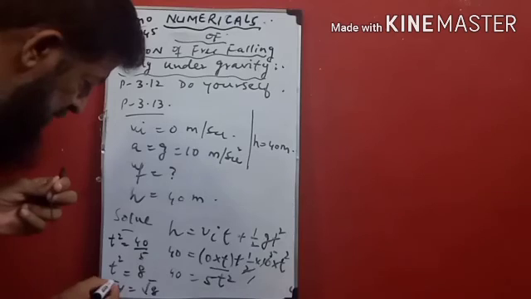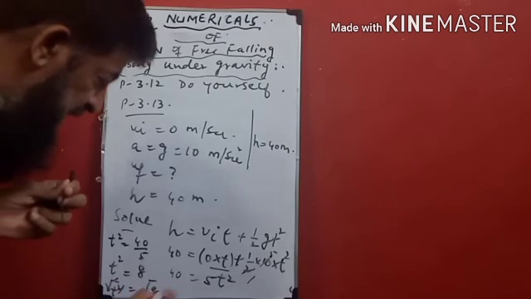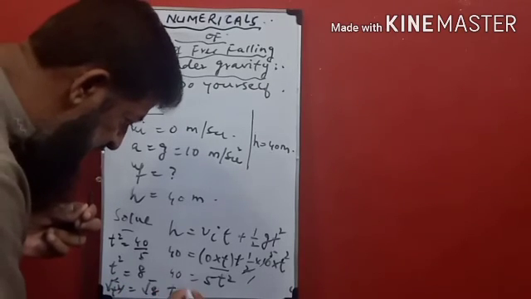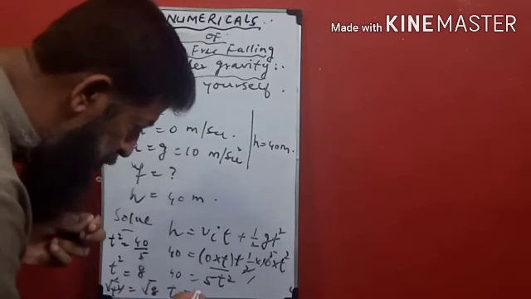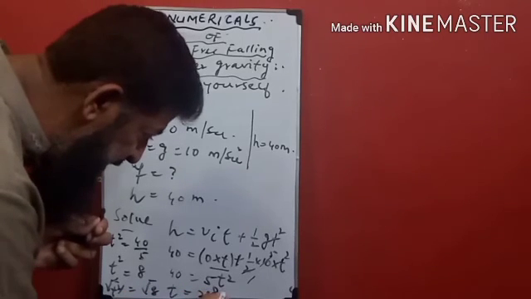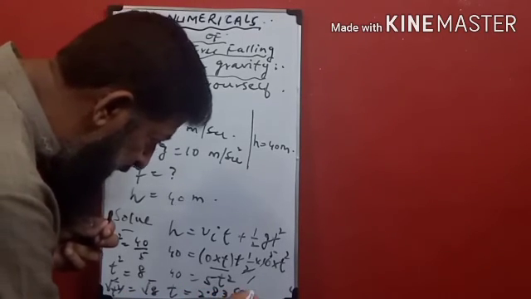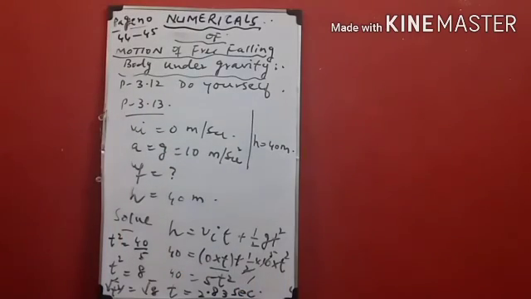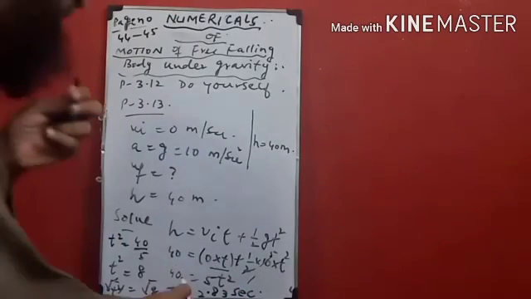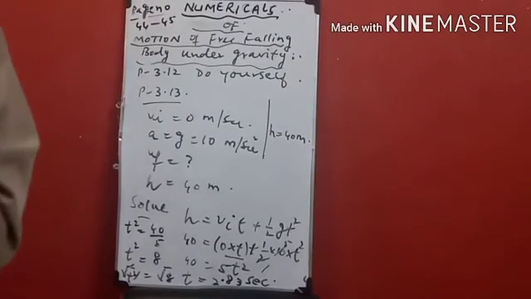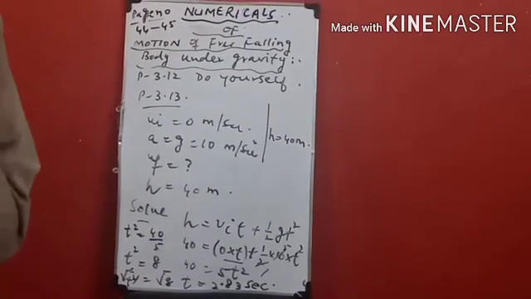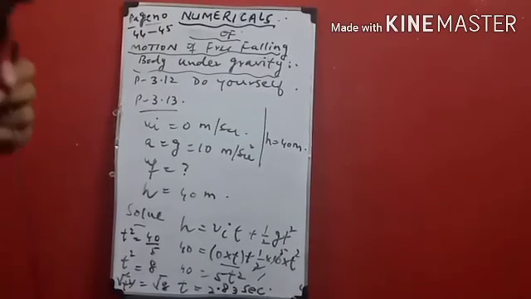Now the square root and square cancel. It comes as t, the square root of 8, is 2.83 seconds. This is your answer. 2.83 seconds is your answer, in which the body comes and strikes the ground.